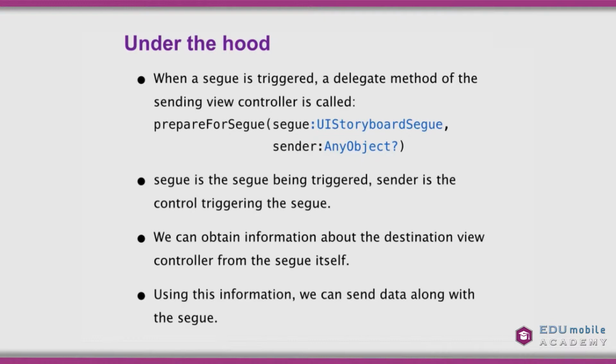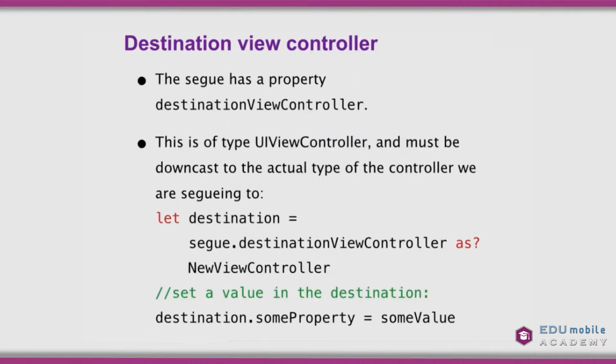It is actually the control that triggers the segue. So we can get information about the destination view controller, the view controller we're segueing to, from the segue parameter itself. And using this information, we can send data along with the segue. So let's take a look at how that's done. That segue parameter comes through, and it has a destination view controller property.